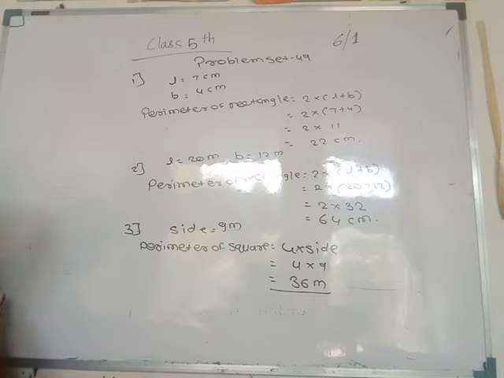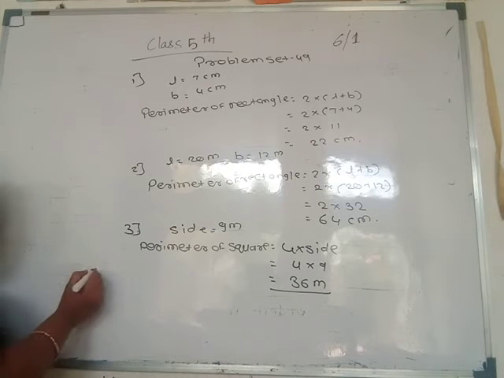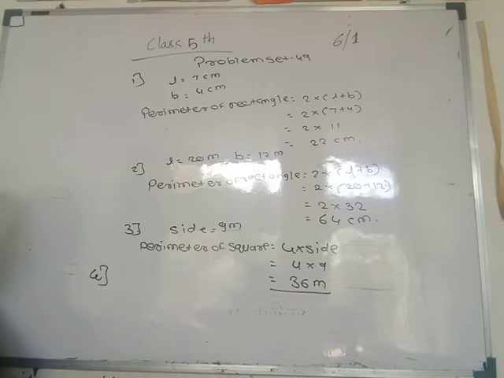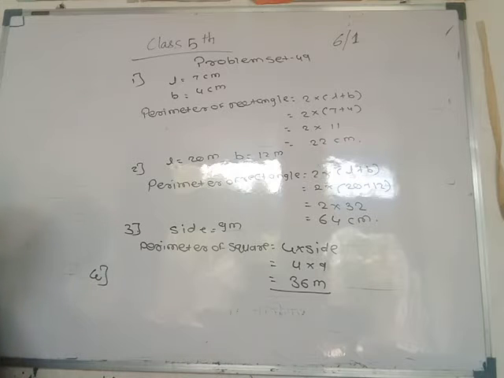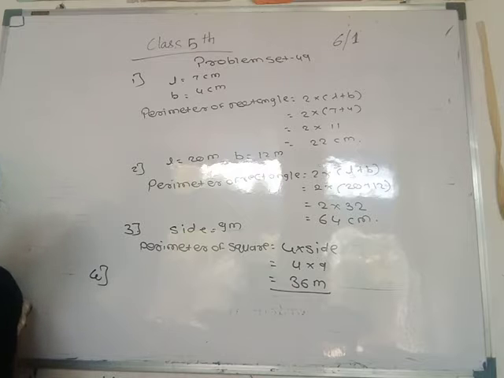Then the fourth one, see. Fourth example in this practice problem set 49. If we take 4 rounds around a field that is 160 meter long and 90 meter wide, what is the distance we walk in kilometers?